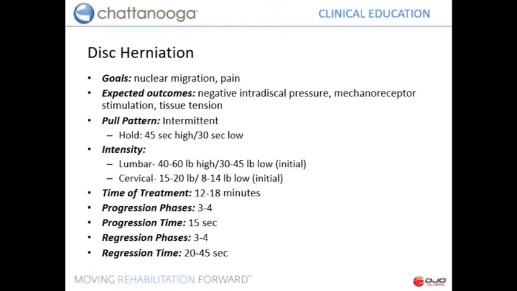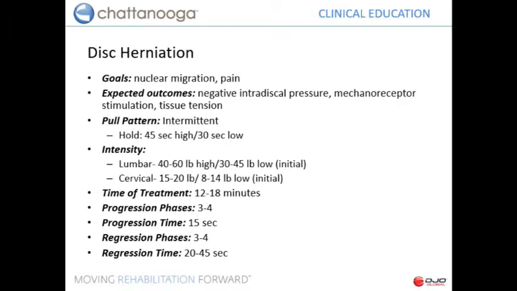Your classic disc herniation, especially with radiculopathy, our goal is to create nuclear migration and to reduce pain. So the classic approach to decompression therapy is using intermittent, a higher intensity and a lower intensity. It creates negative intradiscal pressure, and if it is compressing on a nerve root, you can actually get nuclear retraction.